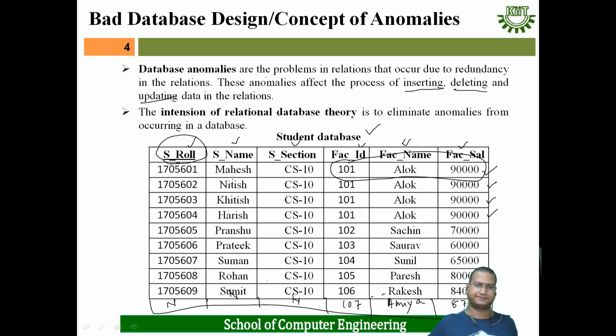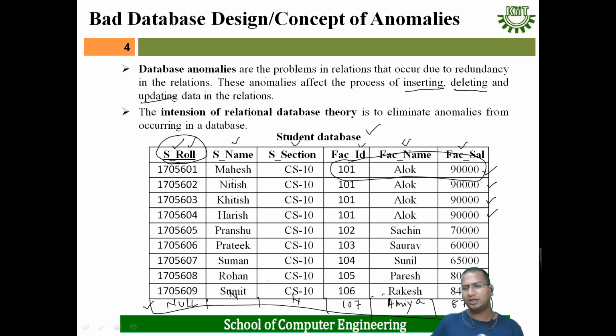But can we assign null values in the primary key attribute? Already we have discussed relational model constraints. One constraint is the entity integrity constraint. The entity integrity constraint tells you that null values cannot be inserted in the primary key attribute. You cannot insert null values.